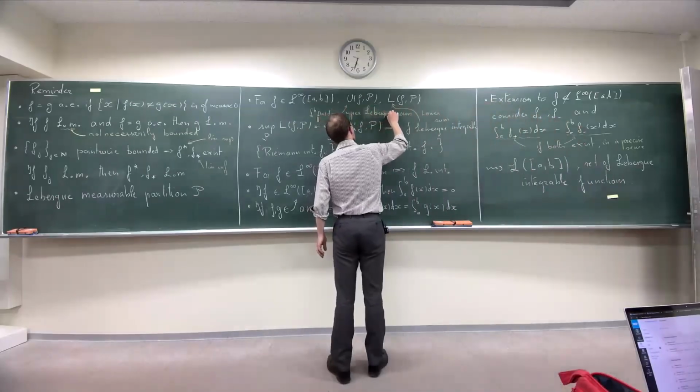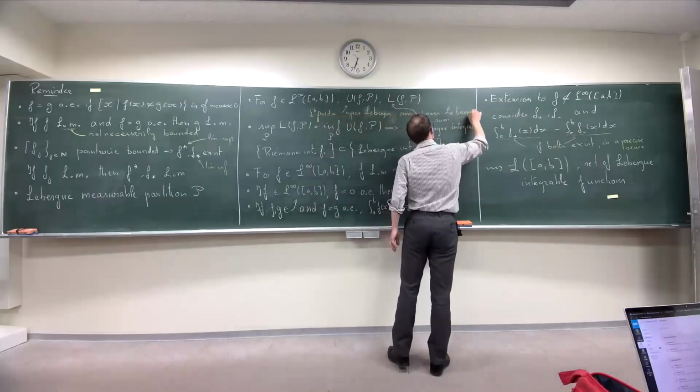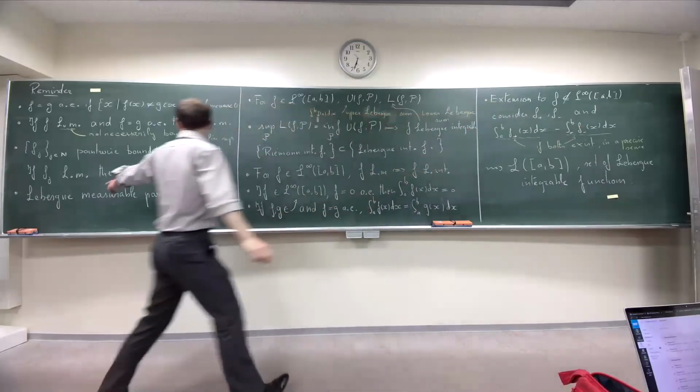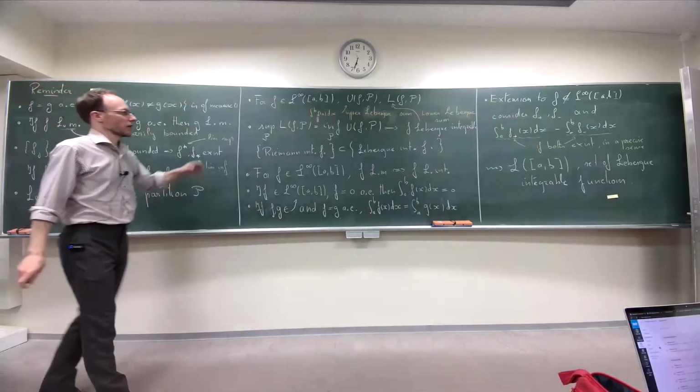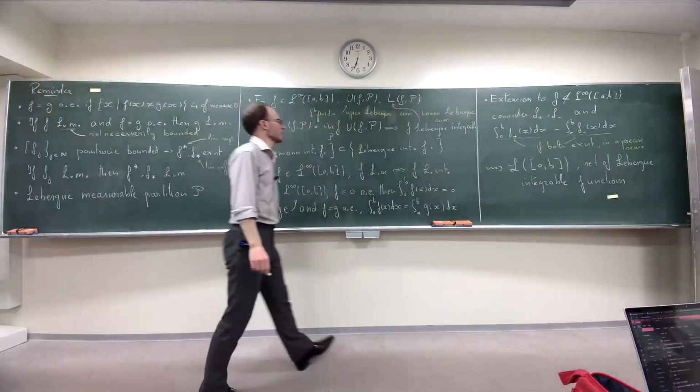The only difference is that I take a partition which is Lebesgue measurable, which is more general than the one considered for the Riemann integral. So we can define these two quantities.